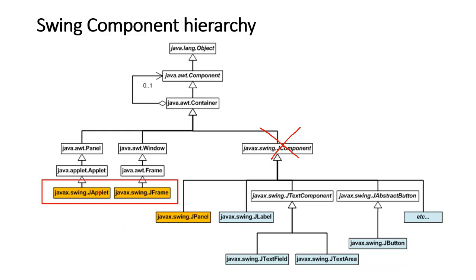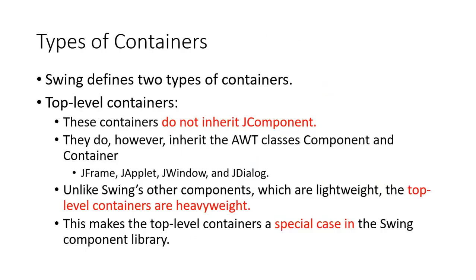These top level containers are those which are directly inherited from the Java AWT containers, not from JComponent. That is one difference. So top level containers are the ones which do not inherit from JComponent; they inherit from the AWT component.